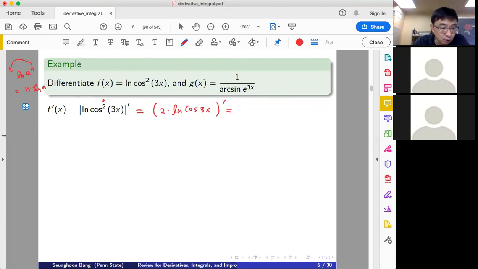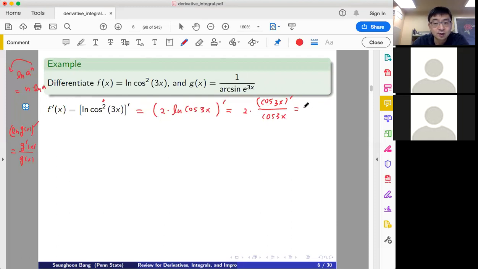What's that? We can use this rule: ln of g of x, prime, is g prime of x over g of x. So we have 2 times cosine 3x prime over cosine 3x.